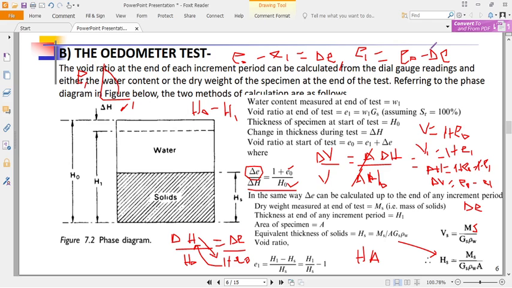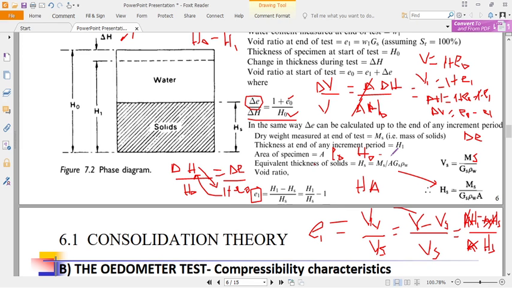If you determine this height H1, then you can use it for each increment to determine E. Okay, the initial E naught, you know it. The initial E naught, before application of the load, will be equal to the total height of the sample H naught divided by HS.